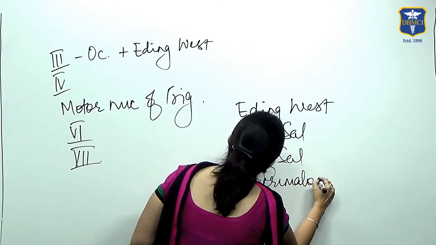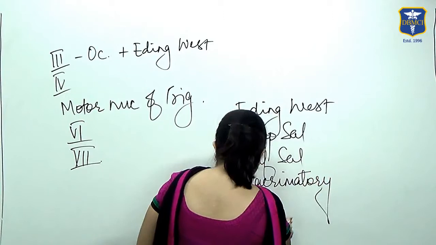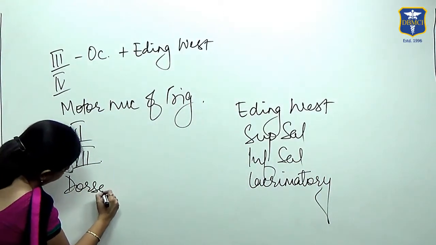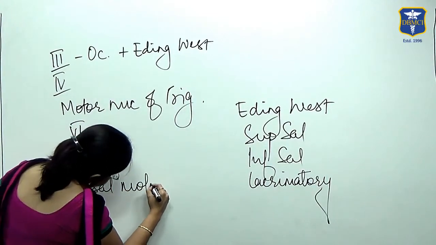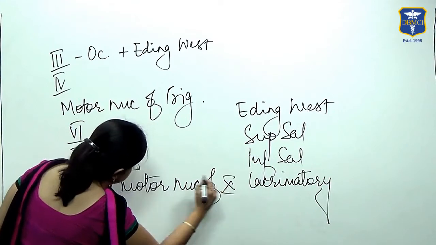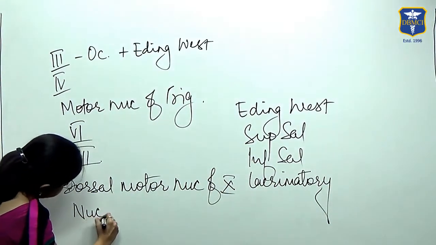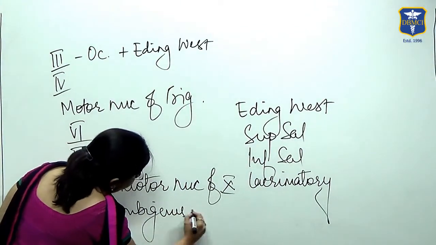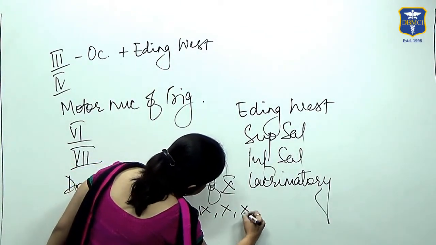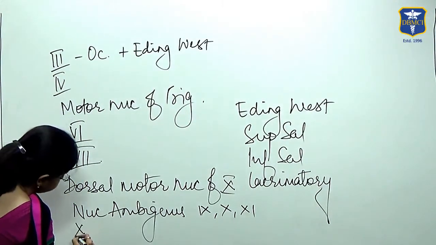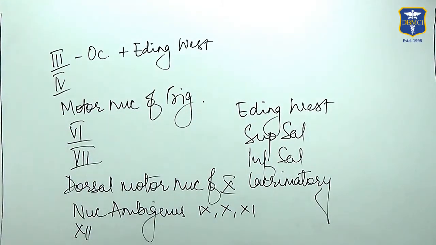So all these parasympathetic nuclei. Then it will give rise to the dorsal motor nucleus of vagus. It will give rise to nucleus ambiguus, which is a common nucleus for 9th, 10th and 11th cranial nerves, and it will give rise to the nucleus of the 12th nerve.